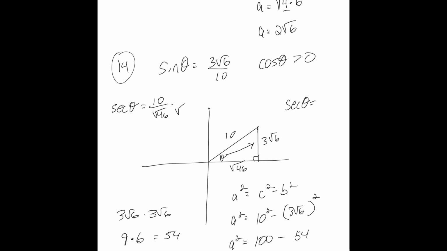So times root 46, root 46. That's 10 root 46 over 46, and the 10 over 46 simplifies down. 2 goes into both of them. 2 goes into 10 5 times, 5 root 46 over, and 2 goes into 46 23 times. So secant theta is 5 root 46 over 23.